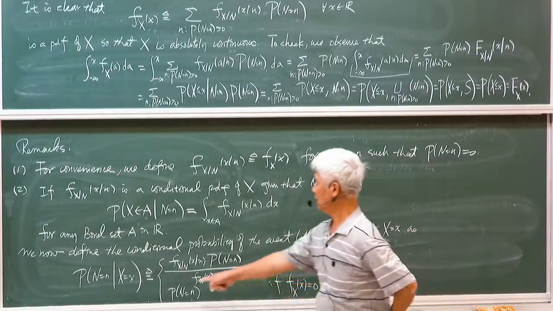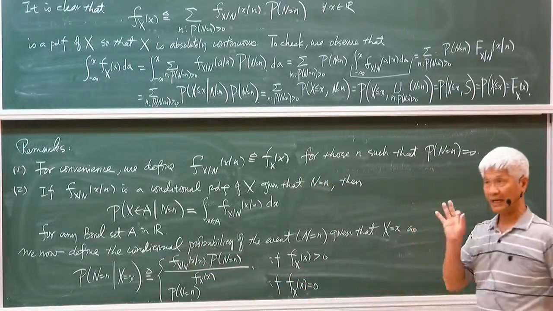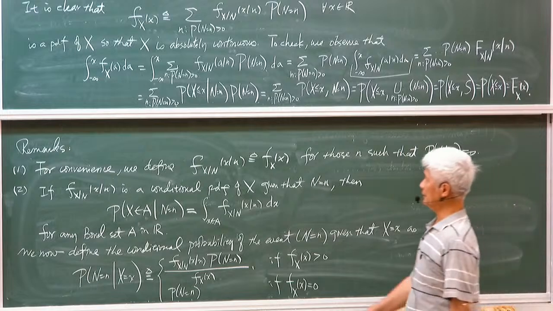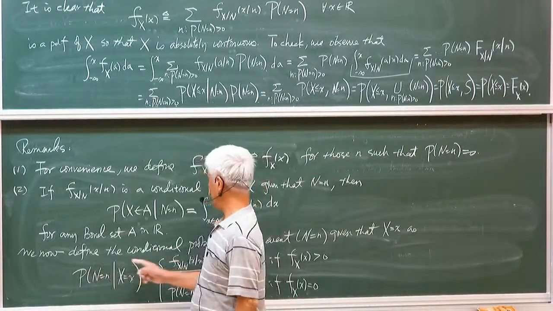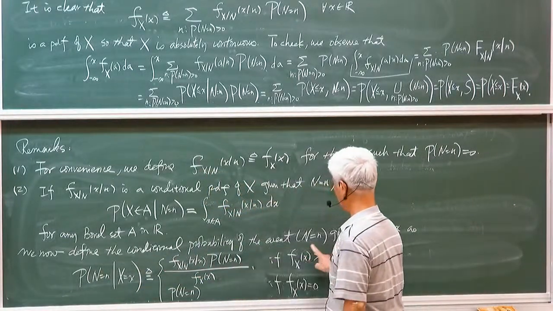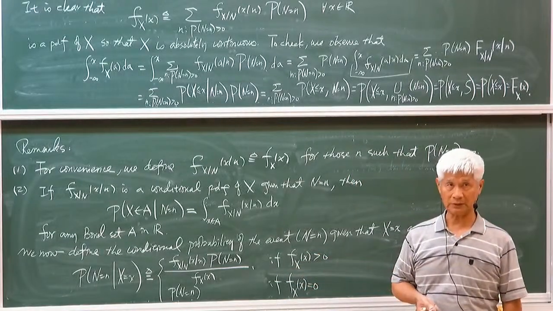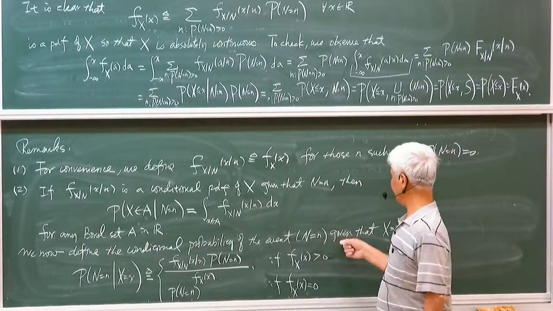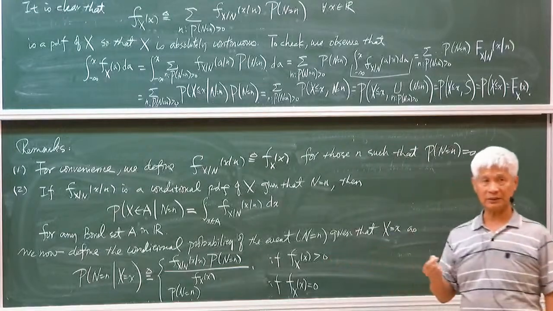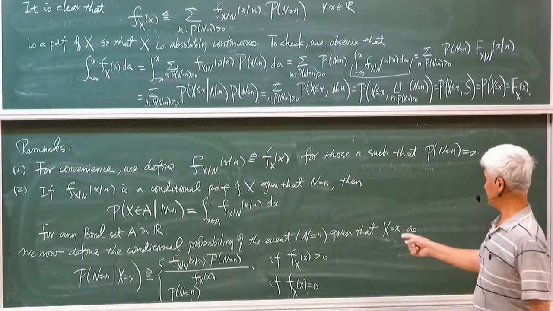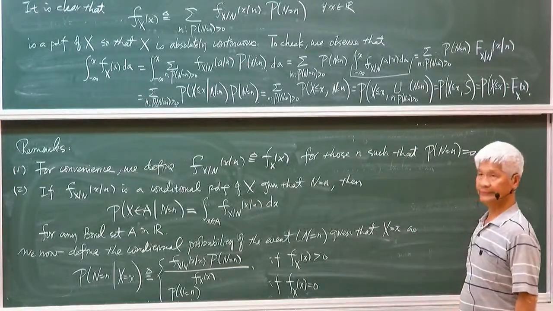Okay, so this is our definition now. So now we are able to define the conditional probability of the event, this event is described by a discrete random variable N, right? Given that the absolutely continuous random variable X has a specific value little x here.